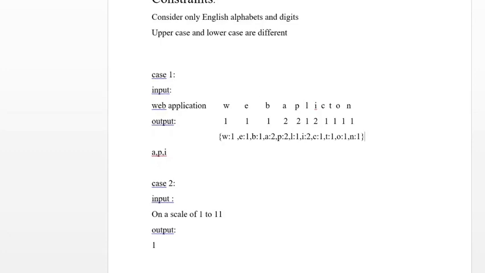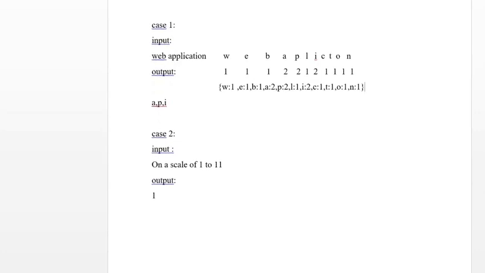This is the dictionary we have, and here A, P and I have the maximum value. So the output will be A, P and I. Let's see another case.